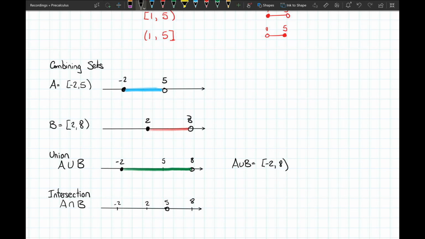But 2 is included in both the blue and red set, so that's going to have a shaded dot. And this set would consist of everything in between. And so as a result, A intersection B is the interval from 2 to 5 with a square bracket on the 2 and a round bracket on the 5.